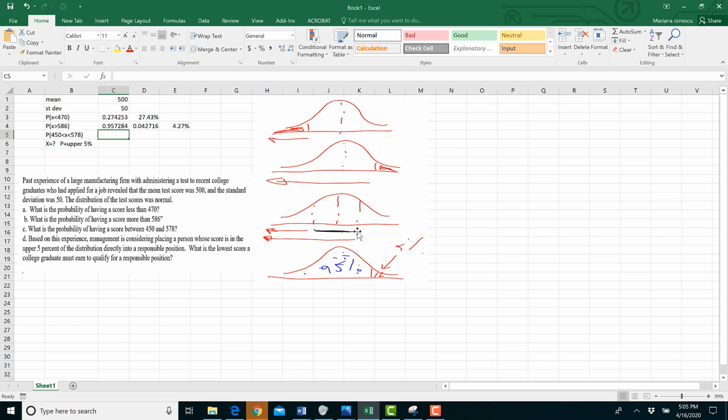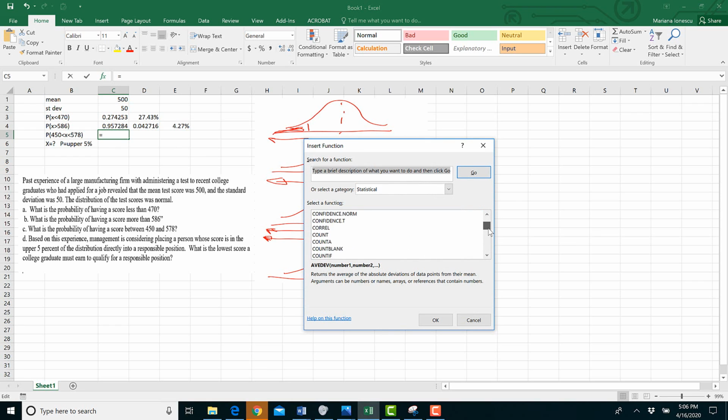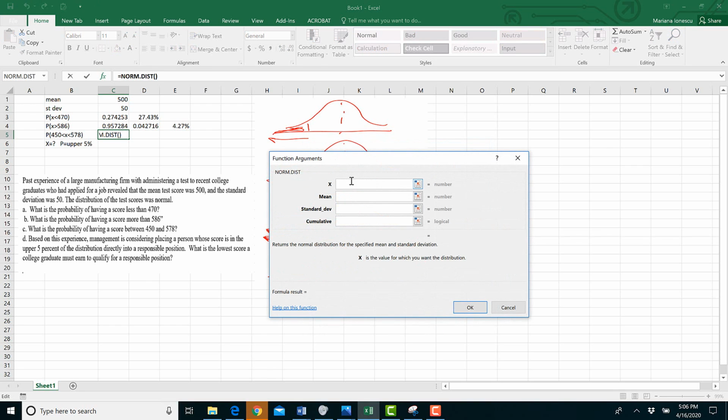So we are calculating first the probability to be below 450. We go to insert function, normal distribution. So this is 450, the mean 500, and the standard deviation 50. It's true, it's cumulative.